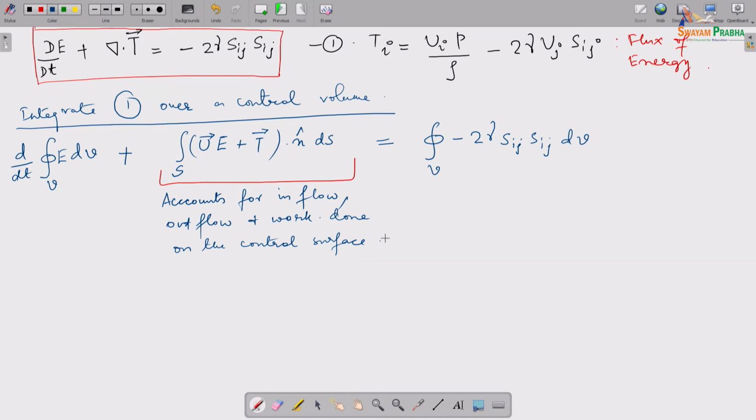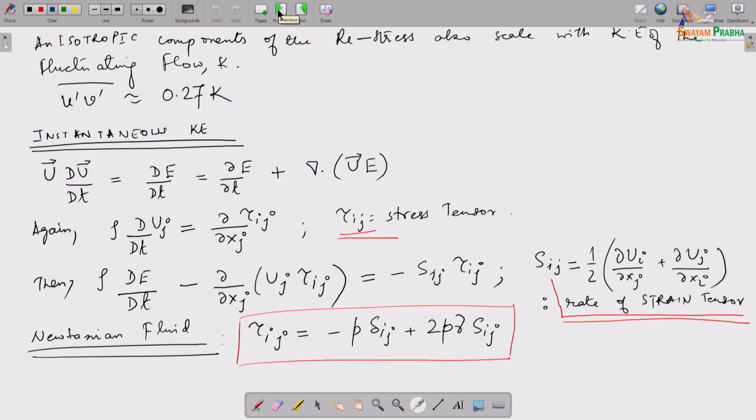Now, let us look at the term on the right hand side. This S is the strain tensor.